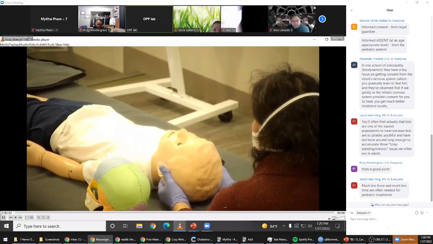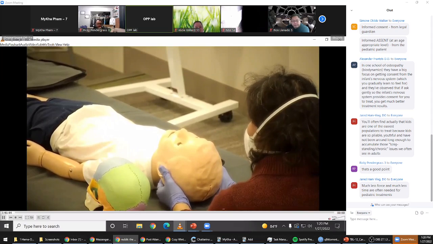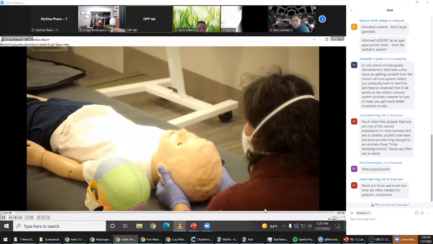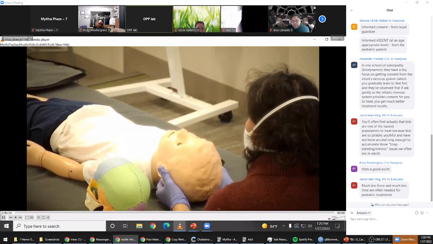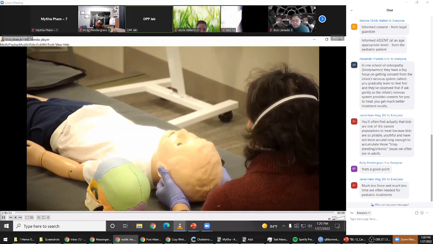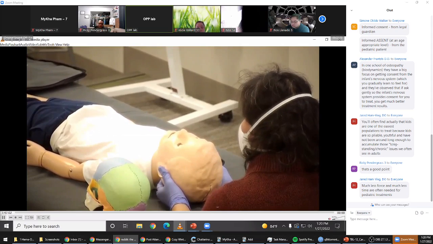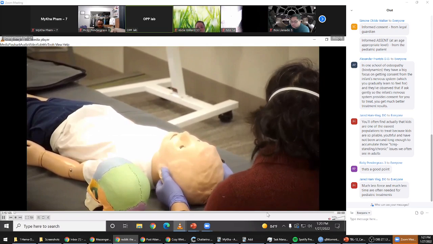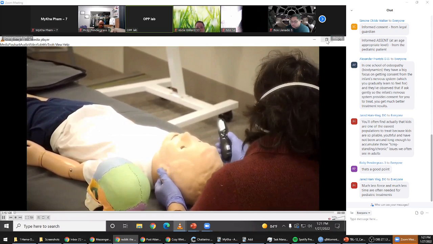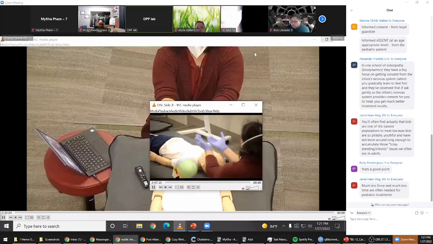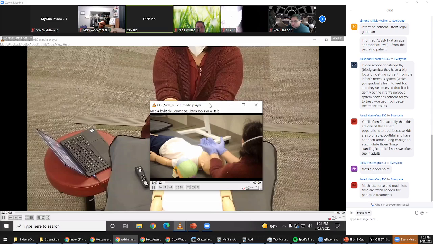The degrees of motion that you need to make in the child relative to the adult is less. The pressure that you need to contact the tissues is less than the adult, 1, because of form factor, but 2, because of actual mass. Questions there?